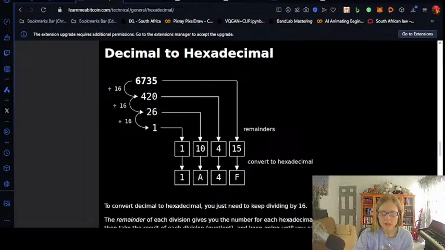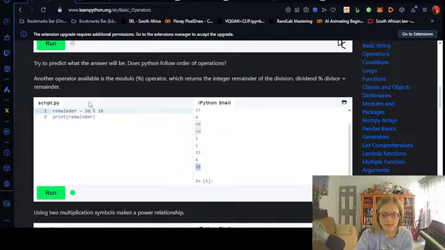Now we know that 26 divided by 16 would only go in one whole time. So now we're going to say 1 modulo 16, and we get 1.